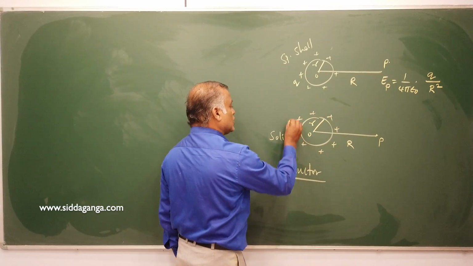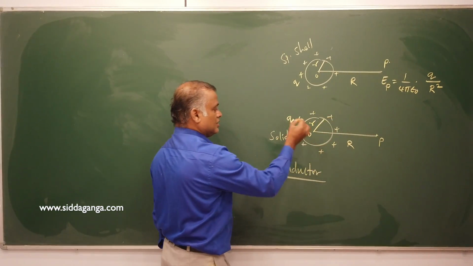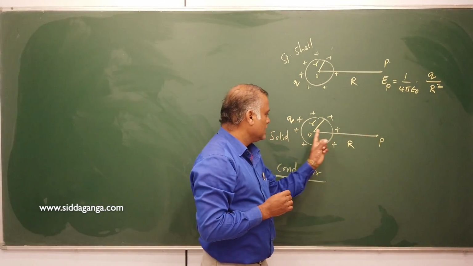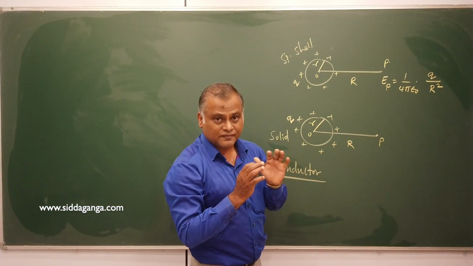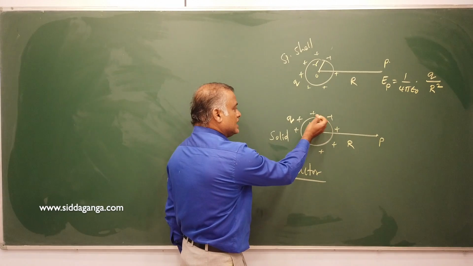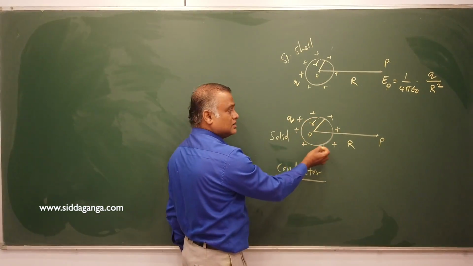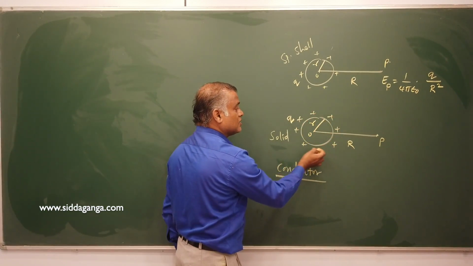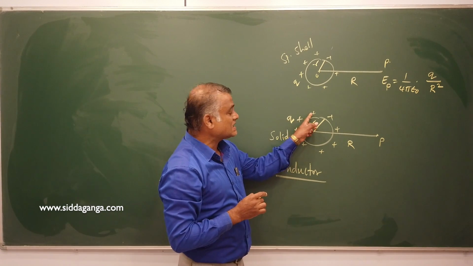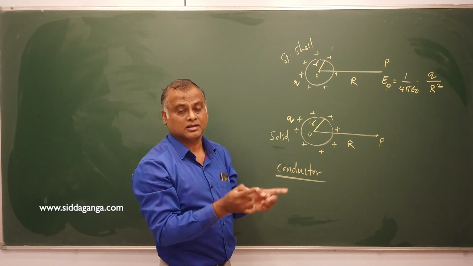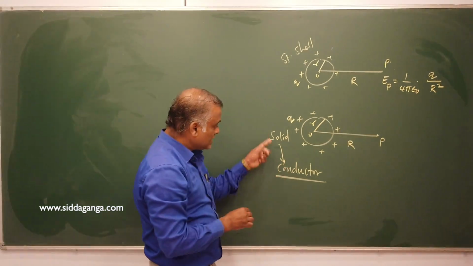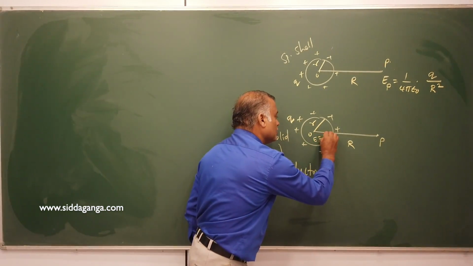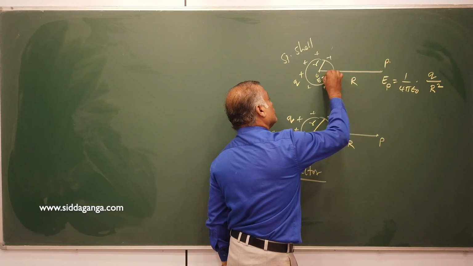If they give a solid sphere, when point P lies outside the solid sphere, you must feel that the entire charge resides on the outer surface. I repeat, excess charges are residing on the outer surface. Inside the solid conductor, E is 0. Here also E is 0.